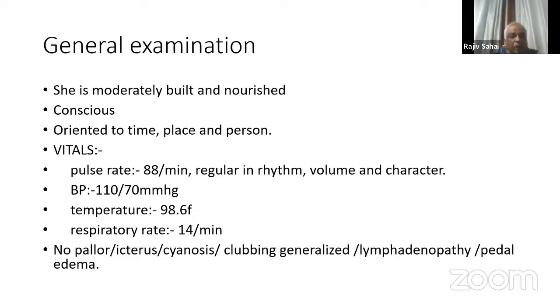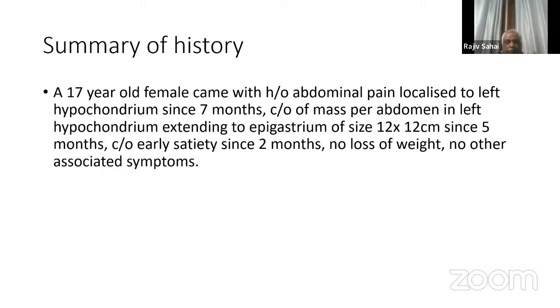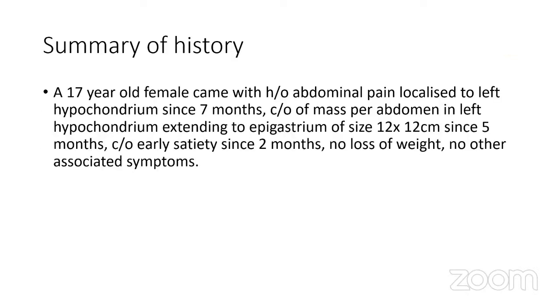Hang on, just a minute, Dr. Srividya. What's your diagnosis by your history? Sir, I think I'm dealing with a cystic lesion arising from the pancreas. No, again the same mistake. You are jumping to the diagnosis.